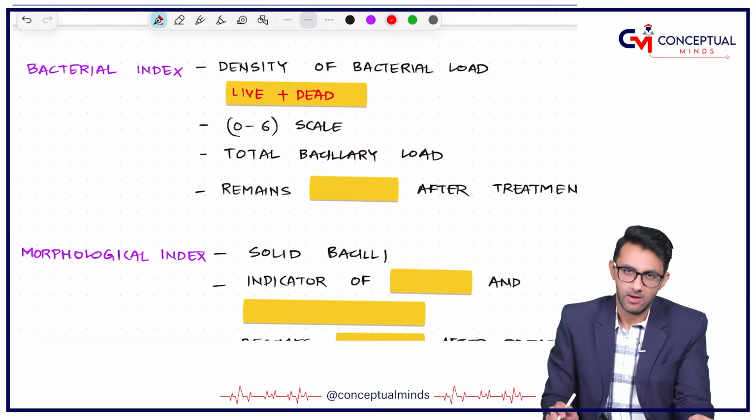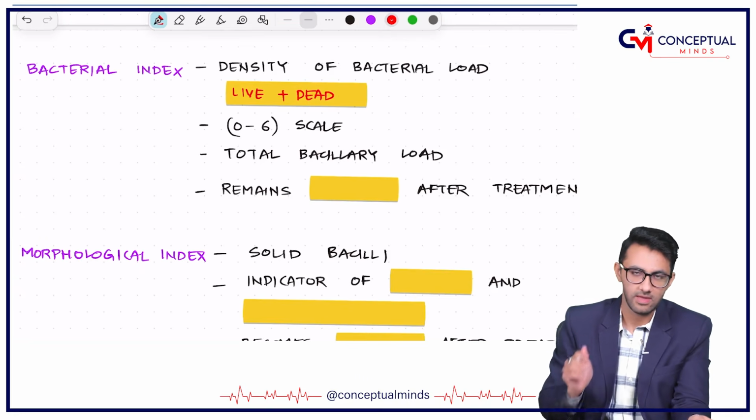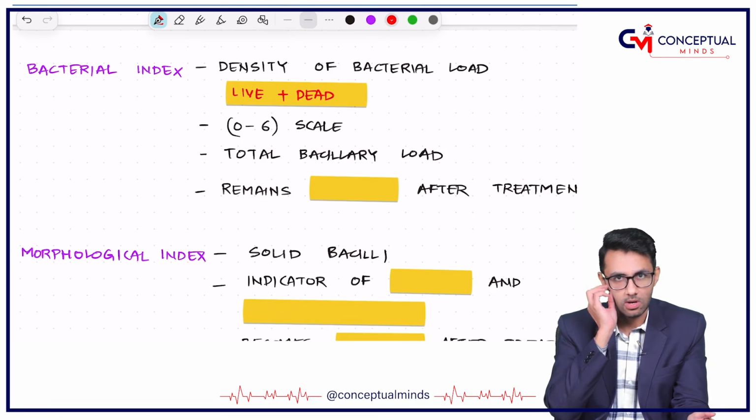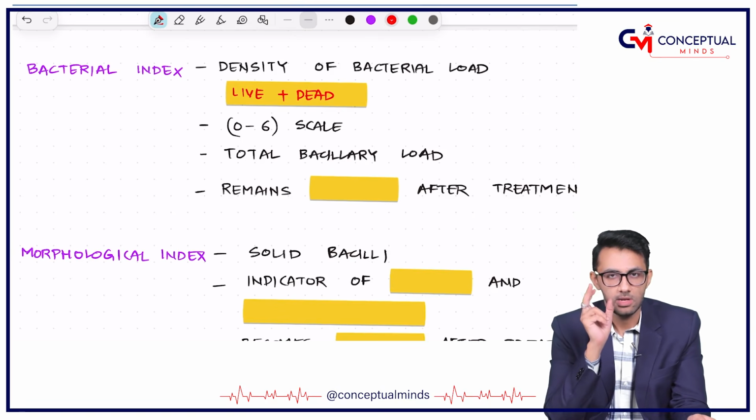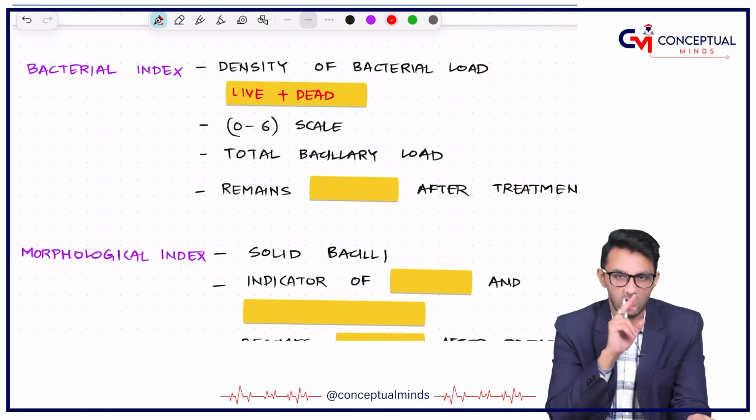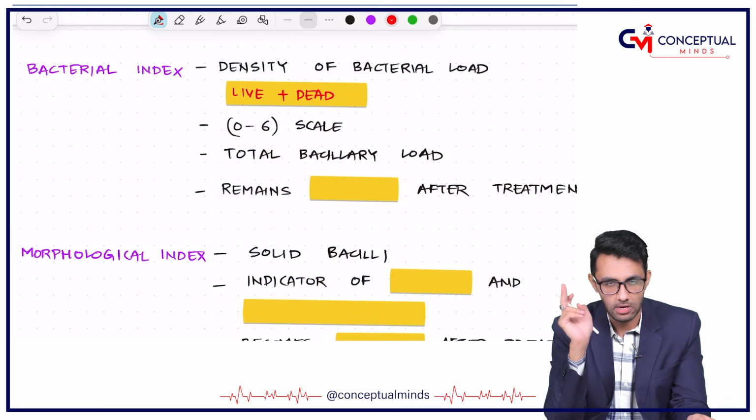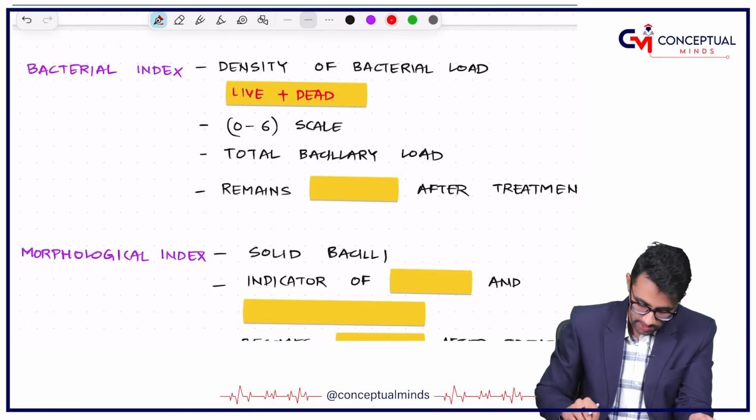Okay, live plus dead form. So which patterns will you see? Tell me, solid form or the fragmented form or the granular form, or all right, we'll see all of it.